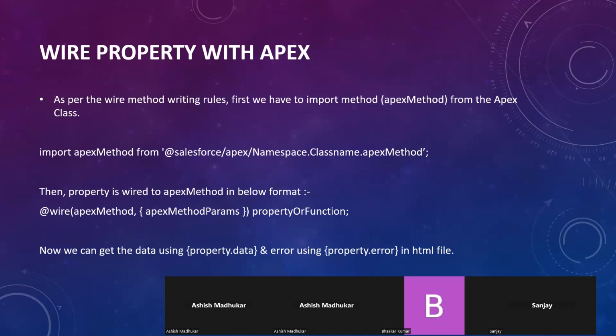Then wire the property to the Apex method in the below format. When you call any method using the wire adapter, it should be @wire, then your Apex method, and if you are passing any parameter, it goes in curly braces.